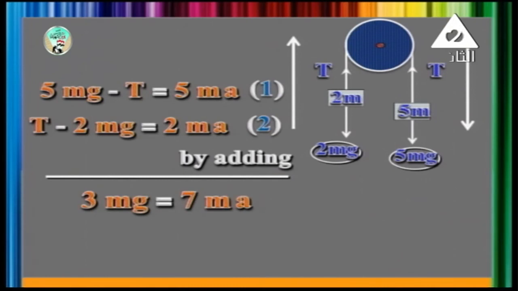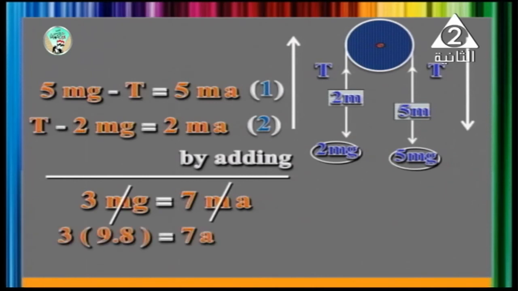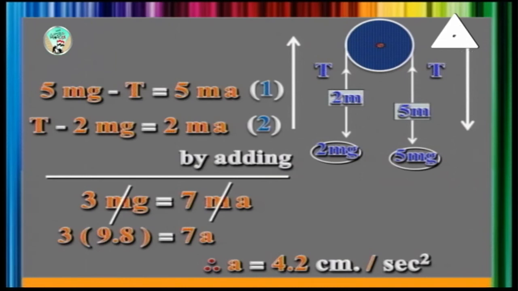Divide each term by m to find the value of A. Then 3 times 9.8 equals 7a, where 9.8 is gravity. Therefore, A equals 4.2 meter per second square. This is the value of the acceleration.